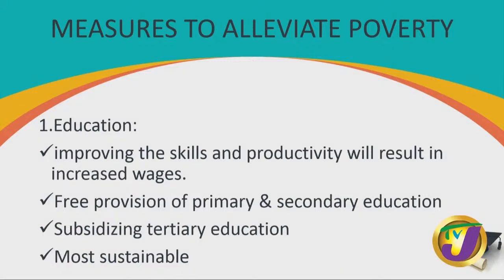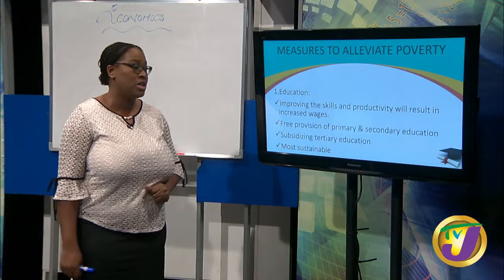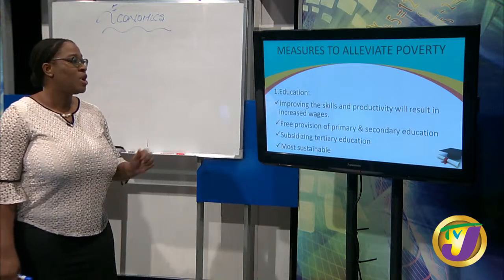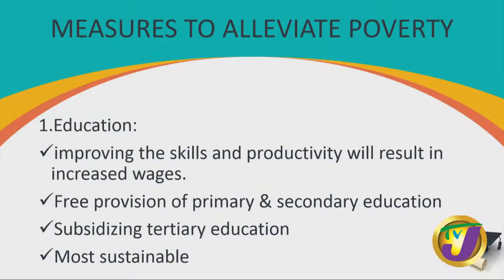Now, what are some of the measures that we can use to alleviate poverty? The first one here is education. Improving skills and productivity will increase wages. So what we'll find is that persons, once you better yourself, you take hold of the provision of primary and secondary education.